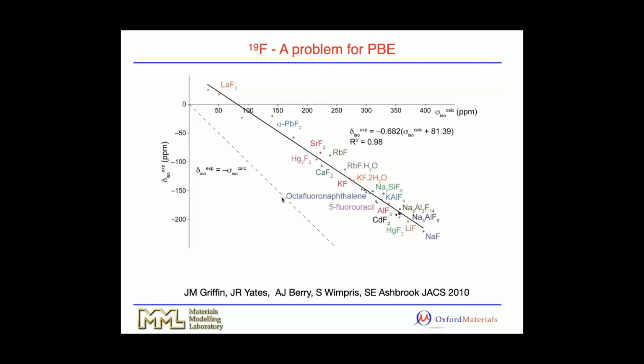We would expect this to have a gradient of -1. We're comparing the chemical shift delta, which is measured in an experiment, with the magnetic shielding, and they should have a relationship with a gradient of -1 between them, and it's not. The gradient comes out at about 1.5. It's very different, so that's always been a bit of a puzzle.